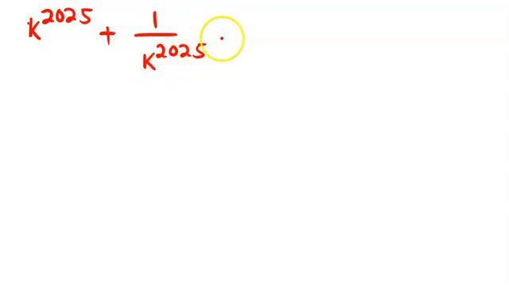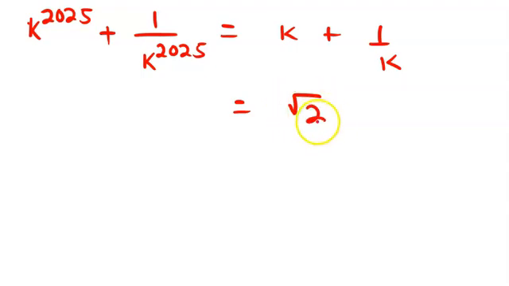So k raised to the power 2025 plus 1 over k raised to the power 2025 becomes k plus 1 over k. And from the question, k plus 1 over k is root 2.